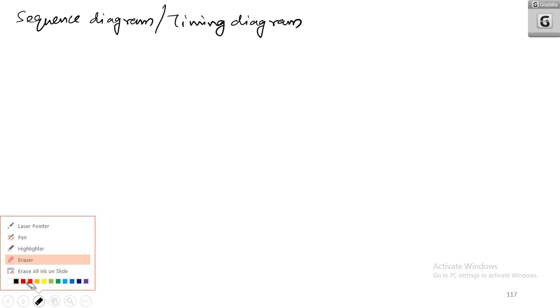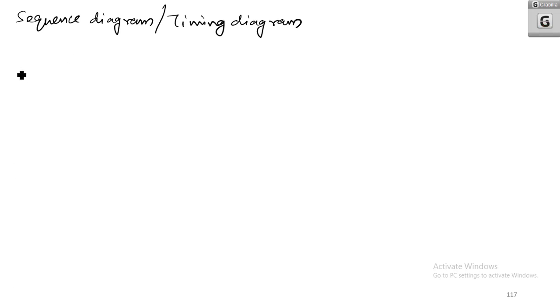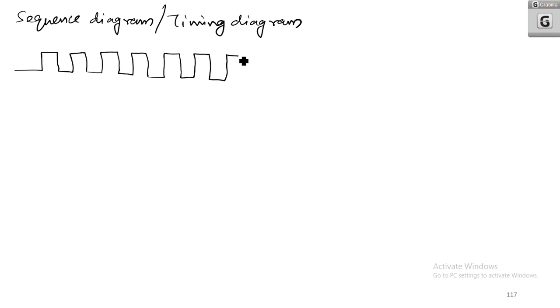First you should draw the clock: 1, 2, 3, 4, 5, 6, 7, 8, 9. It will go like that. So 0, 1, this is basically the clock.